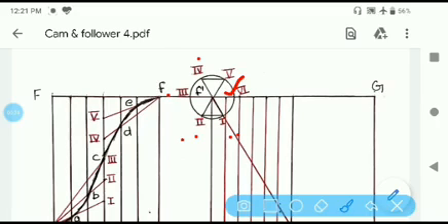After dividing the rolling circle, you join 1 and 2. Similarly, join 3 and 4 and 3 and 6, and join point 5 and 4.